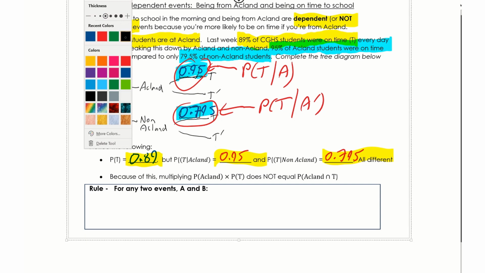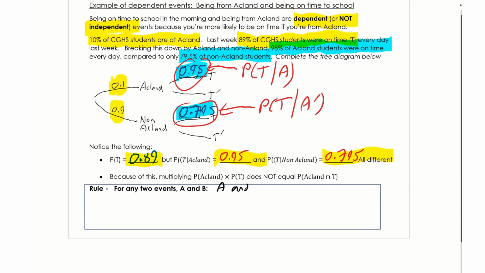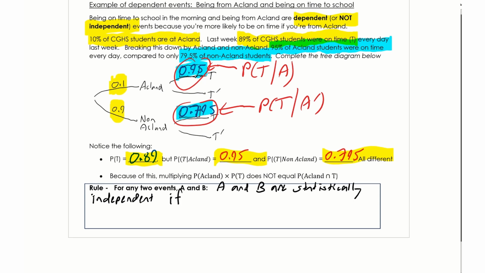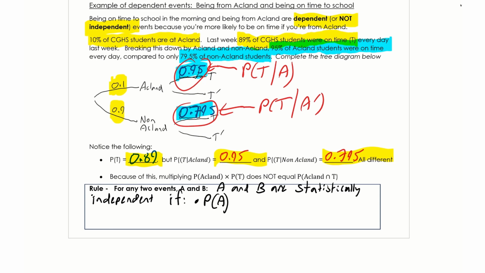For any two events, A and B are statistically independent if and only if the probability that A happens is equal to the probability that A happens if B has happened. So that's one of the ways you can test. And what that's saying is that the probabilities will be the same on the equivalent branches of the tree diagram.